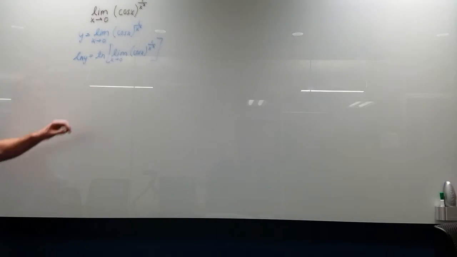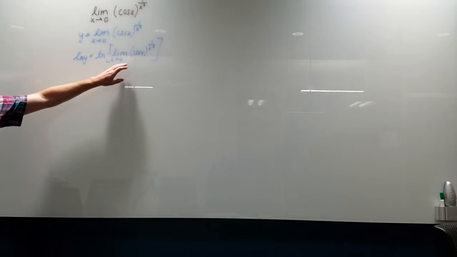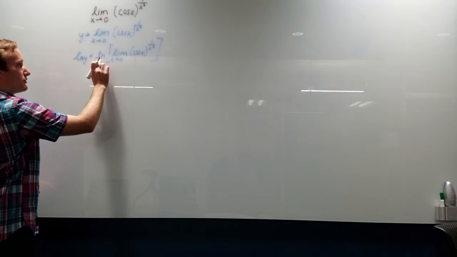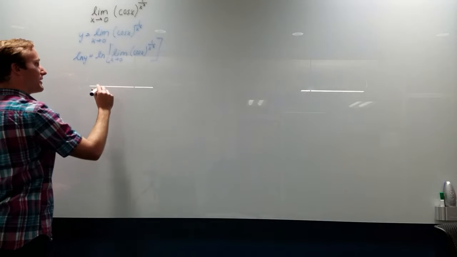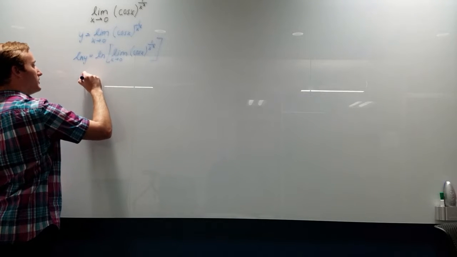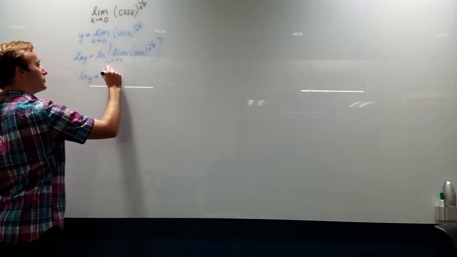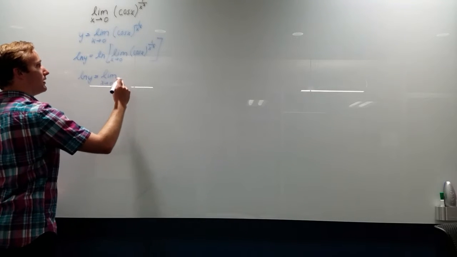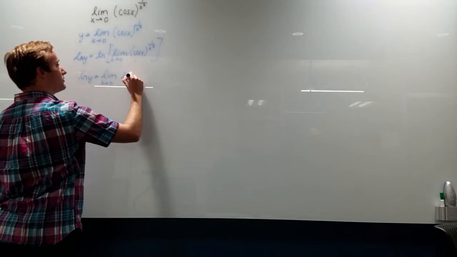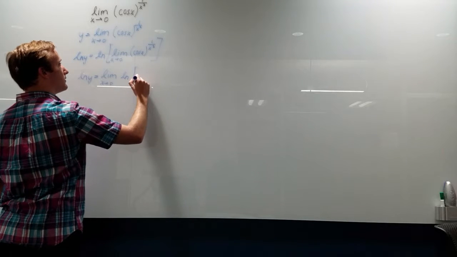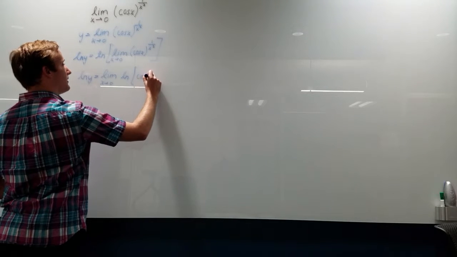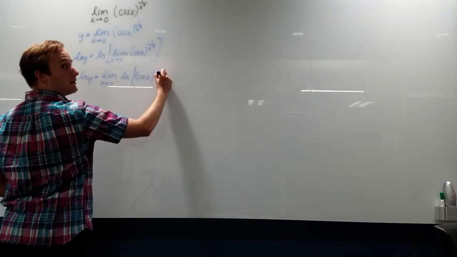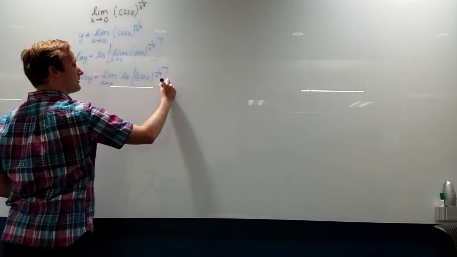Excellent. Now, we want to rearrange the right-hand side. So first of all, we can move this natural log inside of the limit. So we know that the natural log of y is equal to the limit as x approaches 0 of the natural log of the cosine of x all to the power of 1 over x squared.